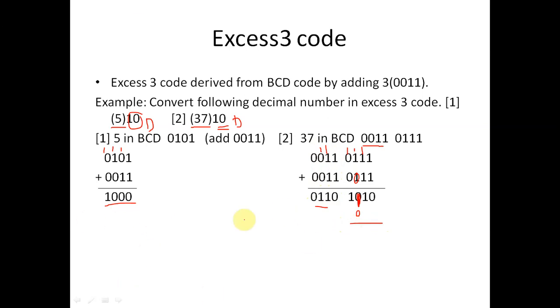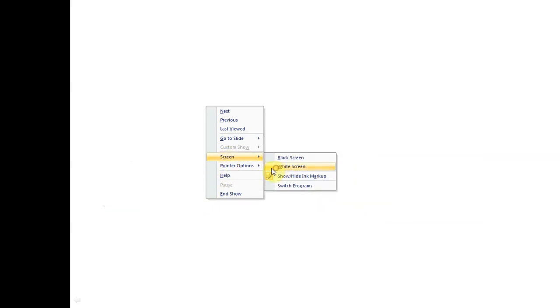Now I am taking another example of excess 3 code. The given BCD number is 35. 3 is 0011 and 5 is 0101.